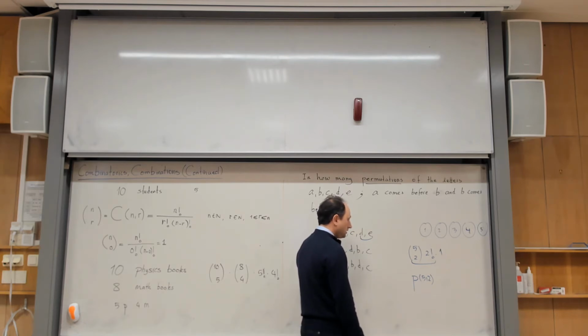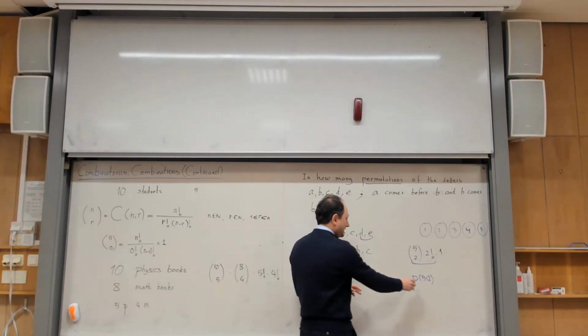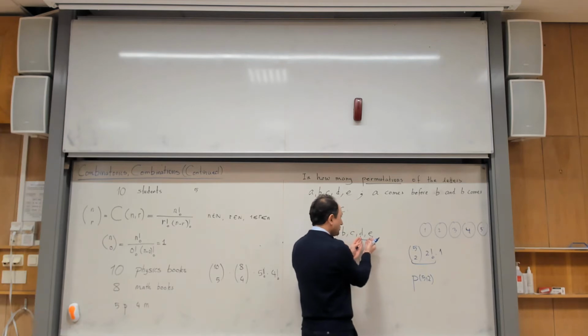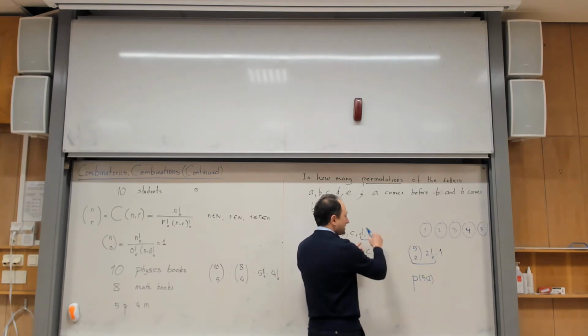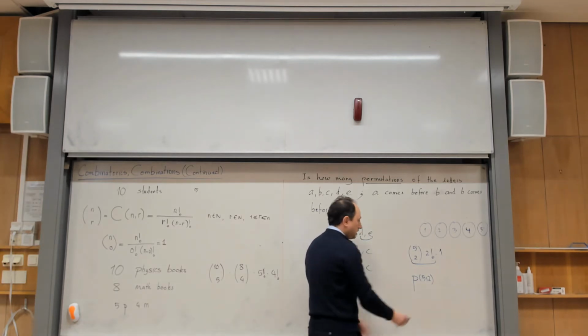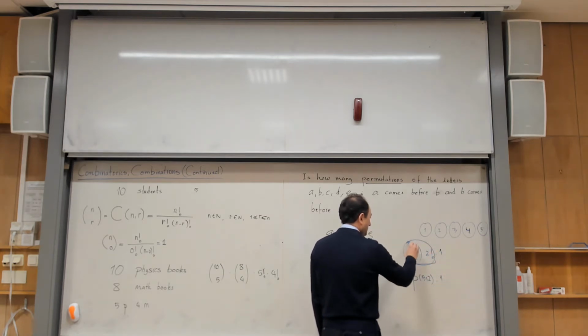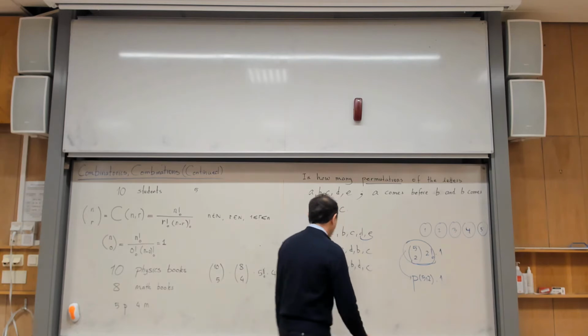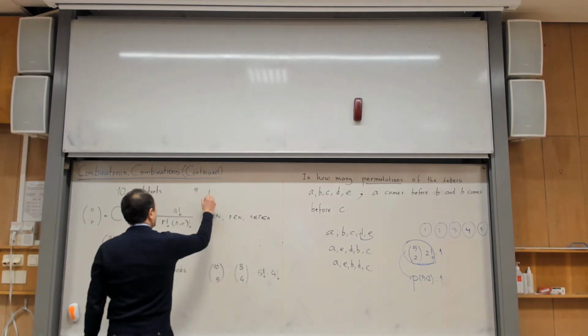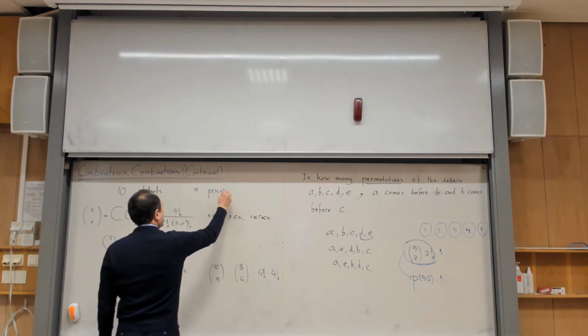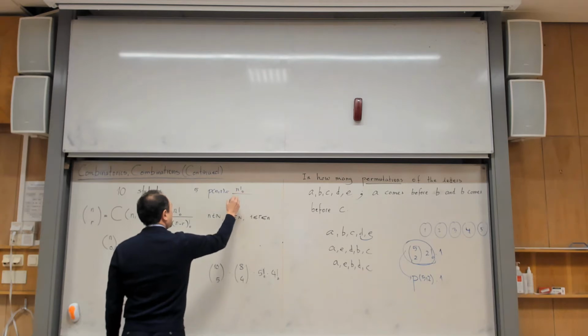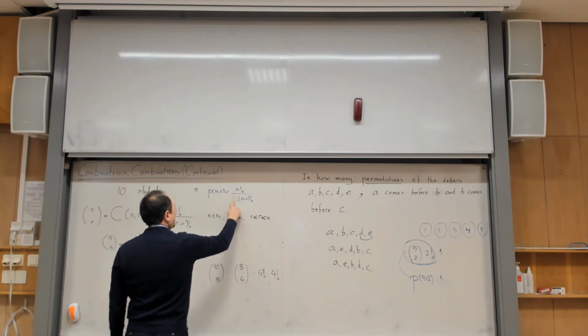Yes? So it means that this takes care of both choosing the locations and arranging them. And then multiplied by 1. And of course, you see this formula is again this. Because do you remember what was the formula of P n r? It was n factorial divided by n minus r factorial. Oh, sorry, this one.